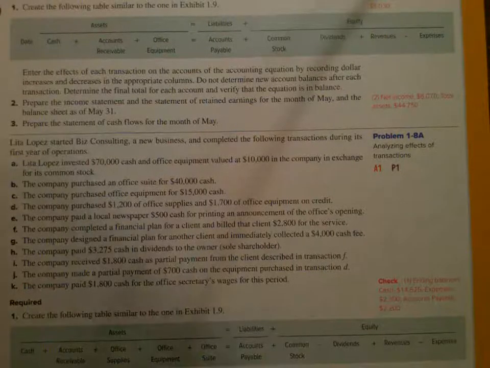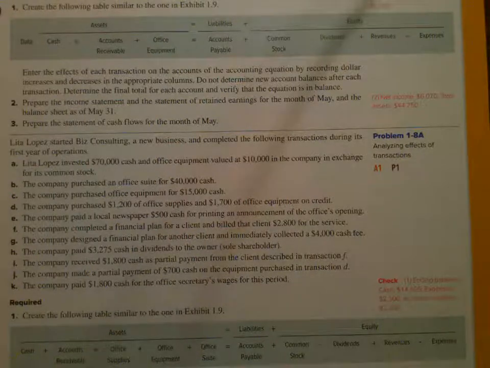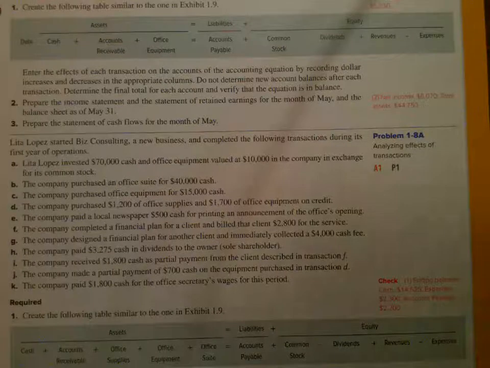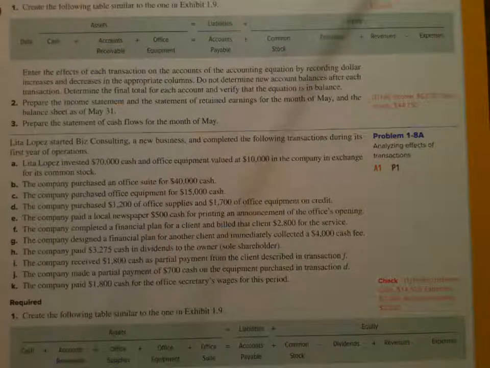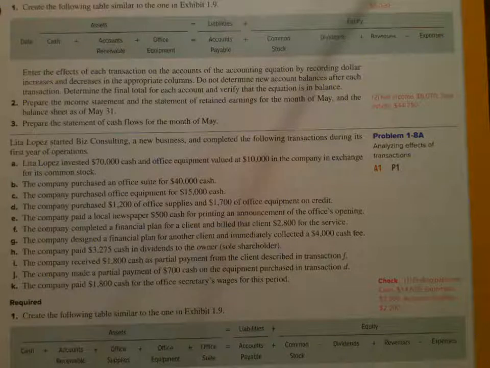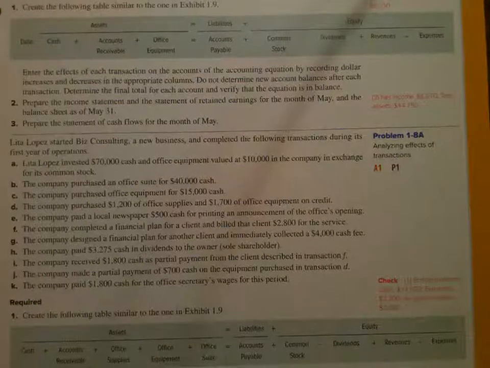And when you balance all of these, if you were to draw a line under these and record the balances again, you would find that the accounting equation, assets equals liabilities plus equity, is still true. Okay, those numbers will still equal one another. And that's the way it should be for every one of these entries.